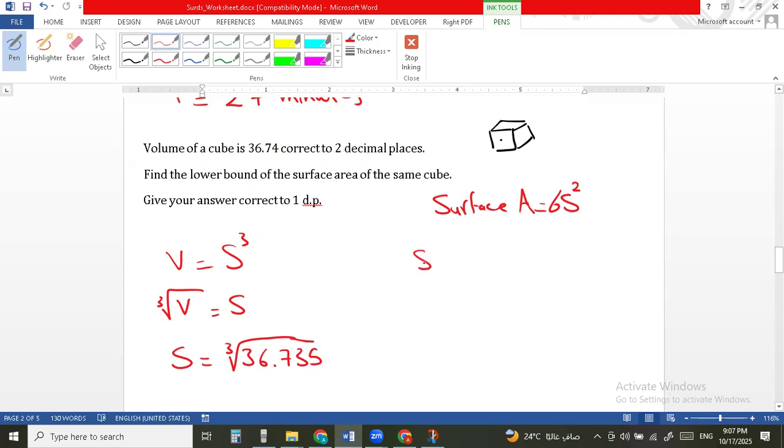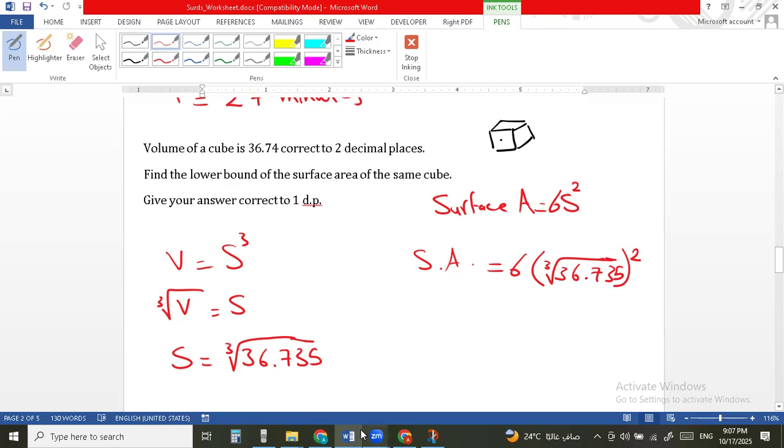So surface area equals 6 multiplied by the side, which is the cube root of 36.735. All of this is squared, not the 6.